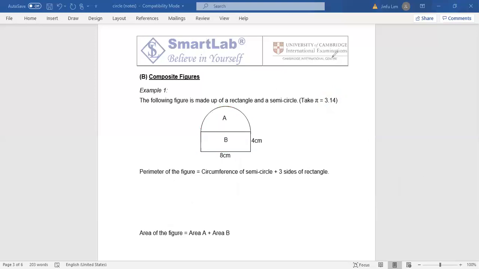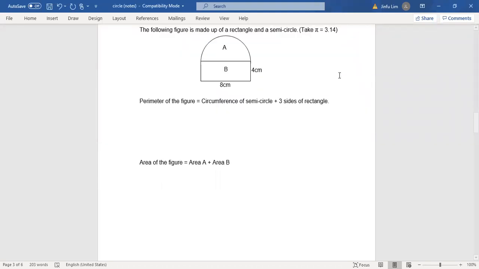Now let us take a look at how we find the area of this figure. To find the area of this figure, we'll need to first find the area due to the semicircle. So I'll find area A first. Area of A will be half times pi times r times r.